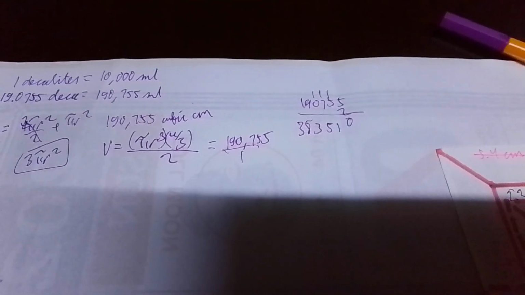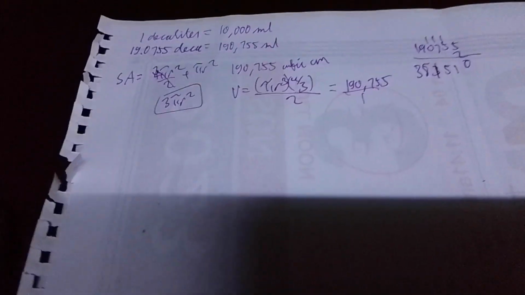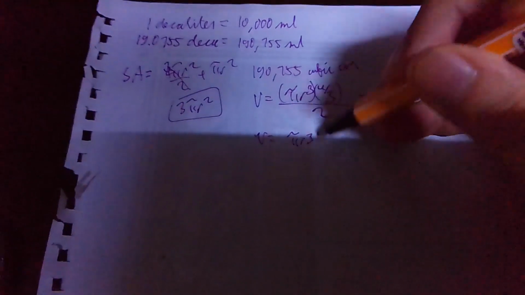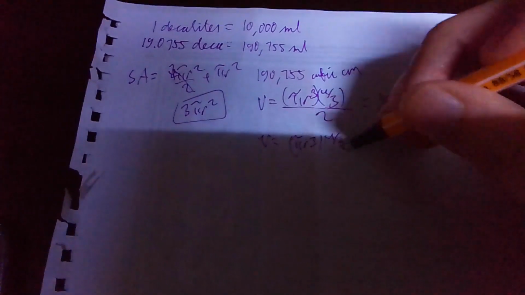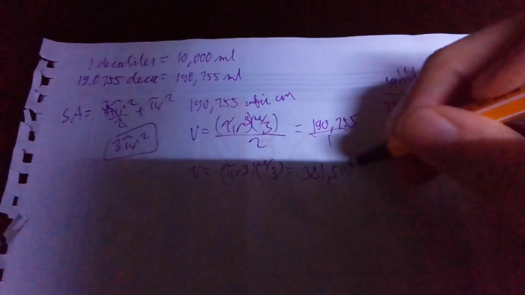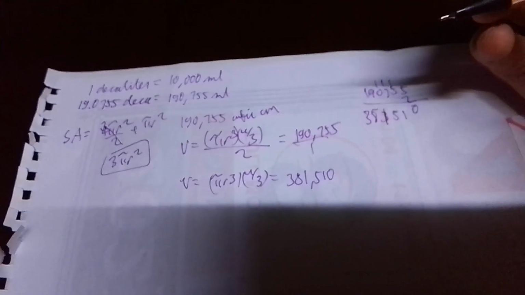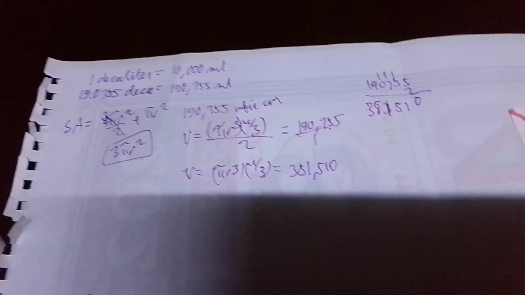I'm still unsure about the solution, but I'll check with the calculator to ensure it makes sense. So our answer is 381,510. So therefore, our volume is worth pi r cubed times 4 over 3 equals, ano to? 381,510.